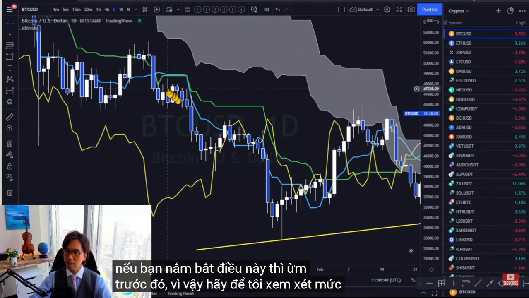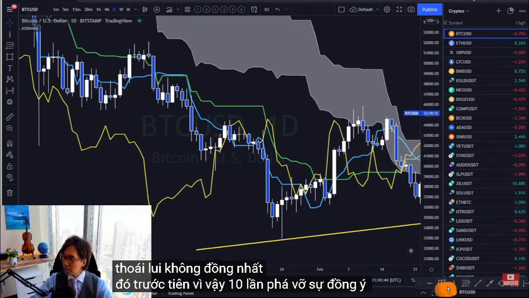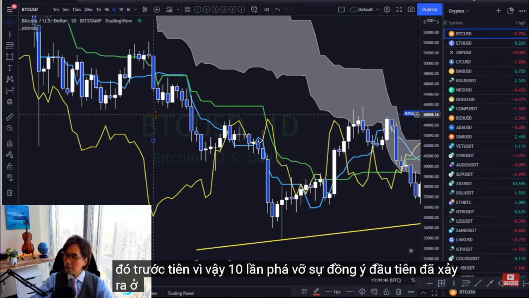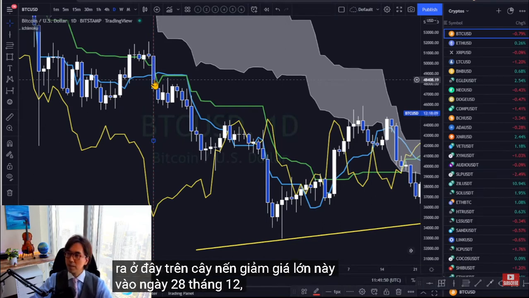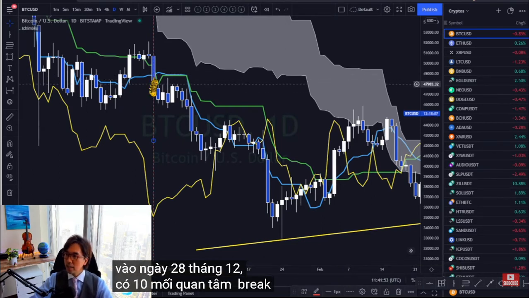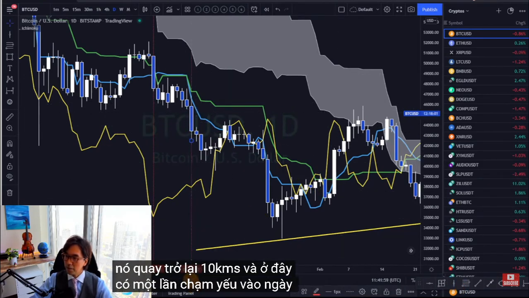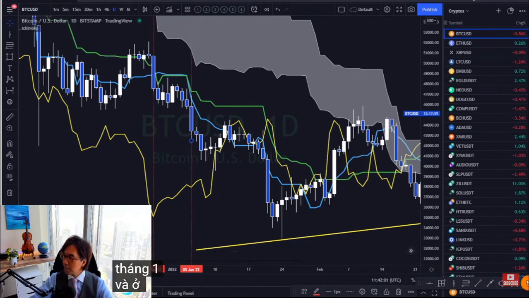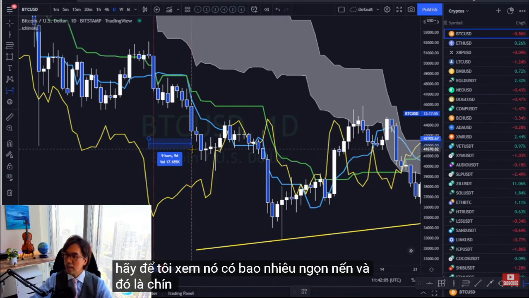Let me take a look at the Tenkan-sen retracement first. The first Tenkan-sen breakout happened over here on this big bearish candle on the 28th of December. Then it came back to Tenkan-sen here, a weak touch on the 5th of January, and in between, let me see how many candles it was, and that was 9 bars.